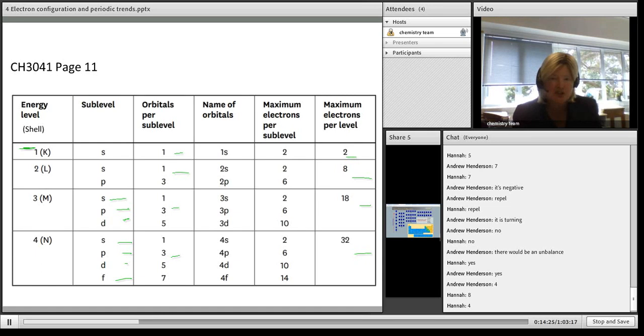Does anybody want to come up with a mathematical formula for working out the number of orbitals per energy level? When we looked at the number of electrons, we said it was 2n squared. What do you think the number of orbitals per energy level would be?